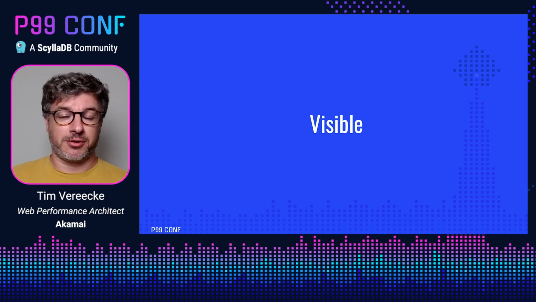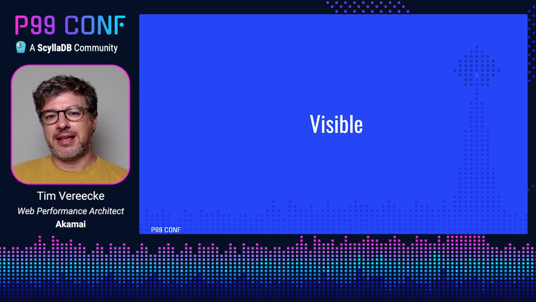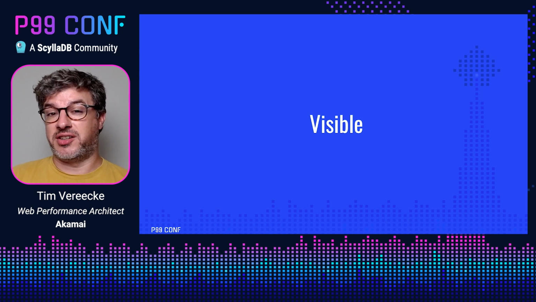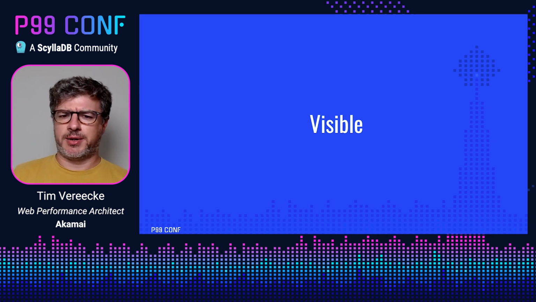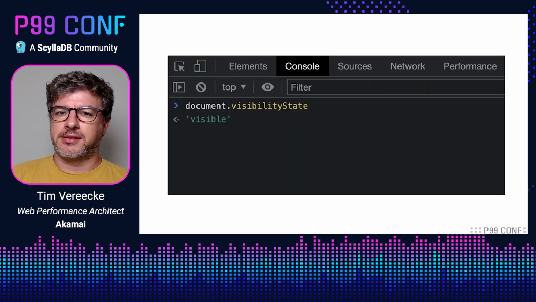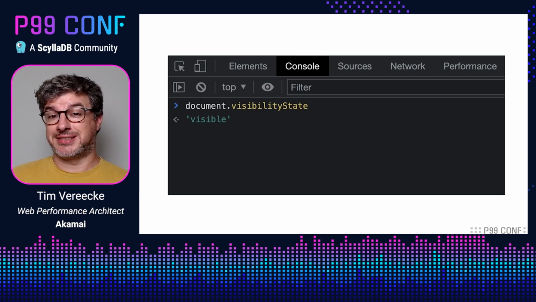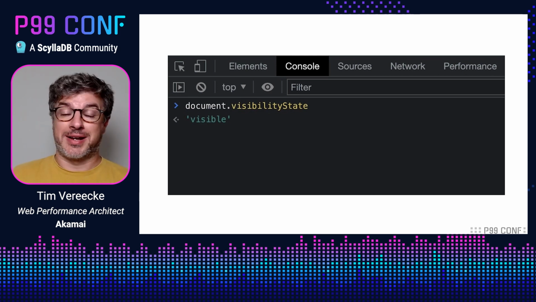Another big source, especially for the P99, is visibility. I like to look only at visible navigations. And what do I mean with that? If you type into the browser document.visibilityState, you get visible when the tab is actually visible.